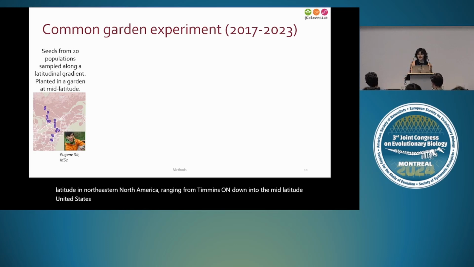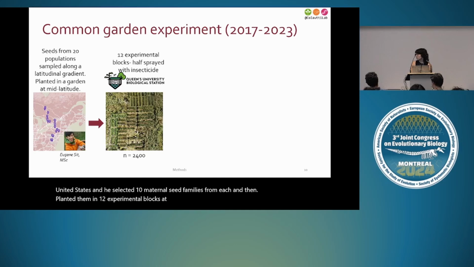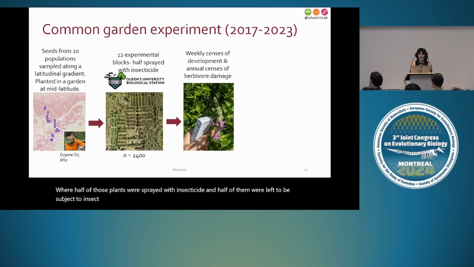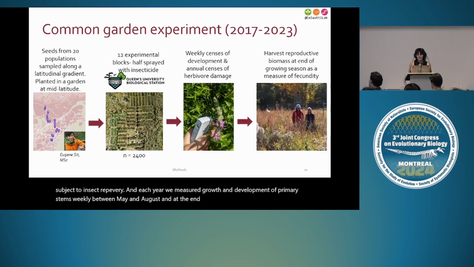And he selected 10 maternal seed families from each, and then planted them in 12 experimental blocks at the Queen's University Biological Station, where half of those plants were sprayed with insecticide and half of them were left to be subject to insect herbivory. Each year we measured growth and development of primary stems weekly between May and August, and at the end of the growing season in September, we harvested whole fruiting structures as a measure of fecundity.